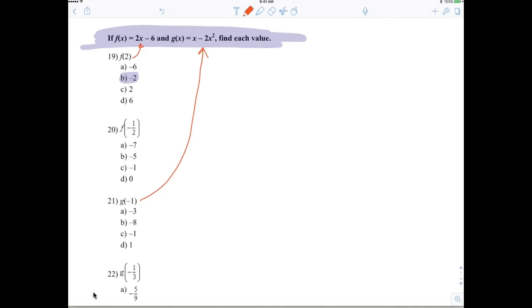Now, this one you have to be a little more careful on, but I still want you to do the mental math. Everybody pay attention. I don't want you plugging negative 1 in. I want you to think about it. If I plug negative 1 in, I get negative 1 minus 2. Now, what's negative 1 squared? 1. So what's 1 times 2? 2.